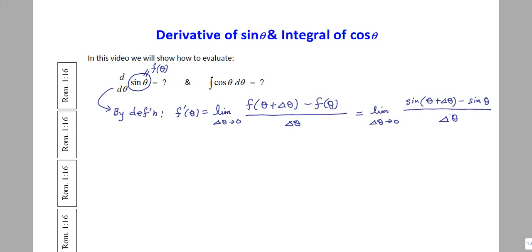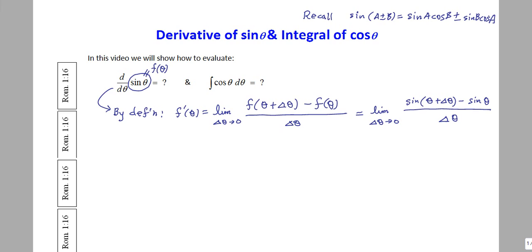And now we've already seen this many times over, and we will continue to see this many times in the coming videos, but let's just remember. Recall the angle sum formula for sine. So sine of A plus or minus B is equal to sine of A cos of B plus or minus sine of B cos of A.